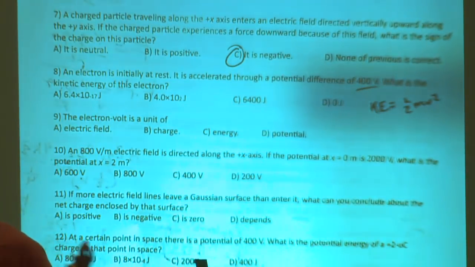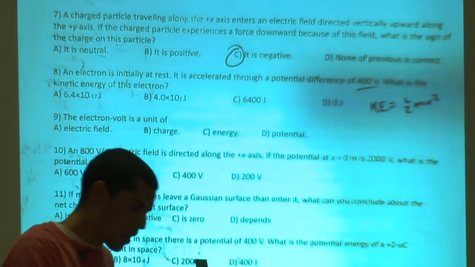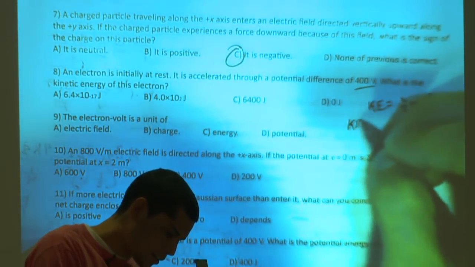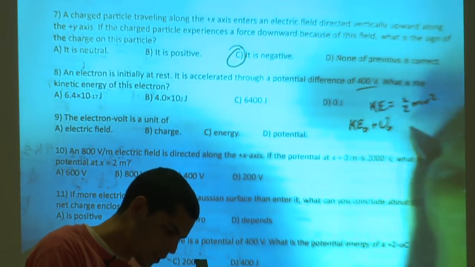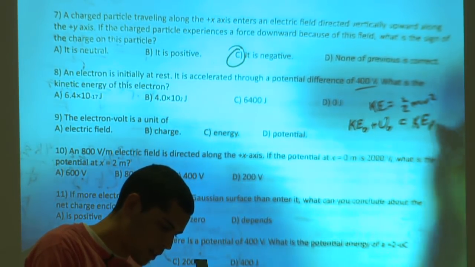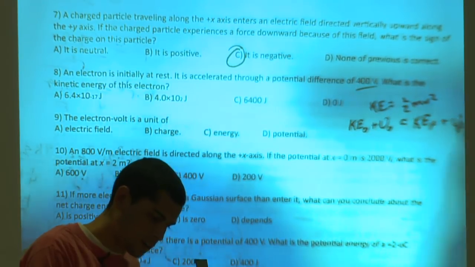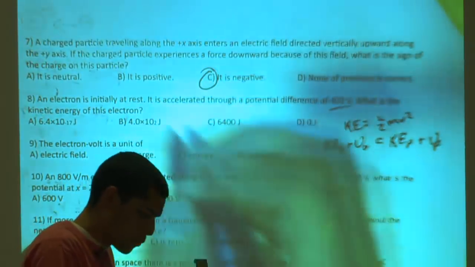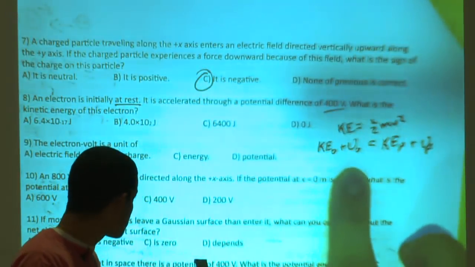What are some things we know? We know the conservation of mechanical energy, right? So kinetic energy initial plus potential energy initial is equal to kinetic energy final plus potential energy final. Okay? So if it starts at rest, what does that mean?